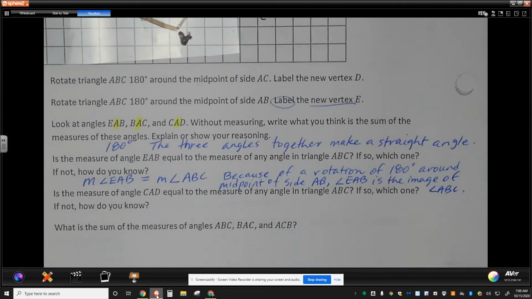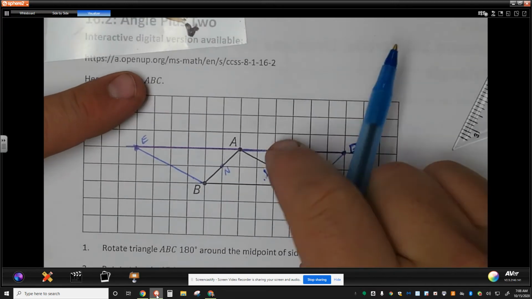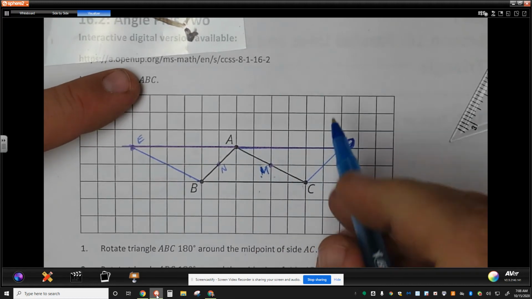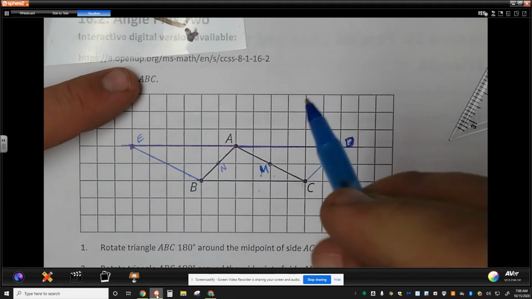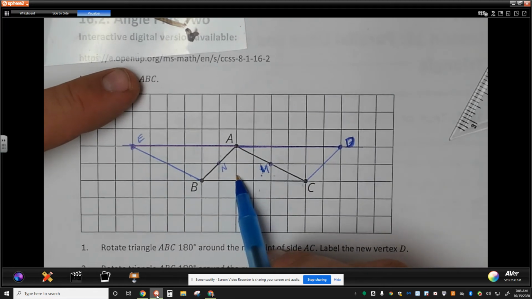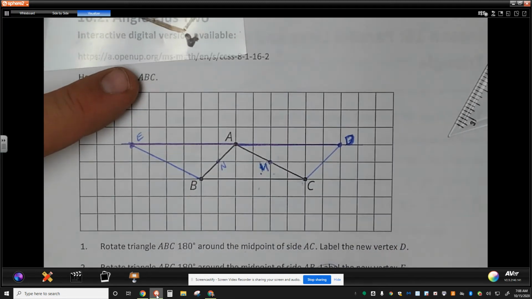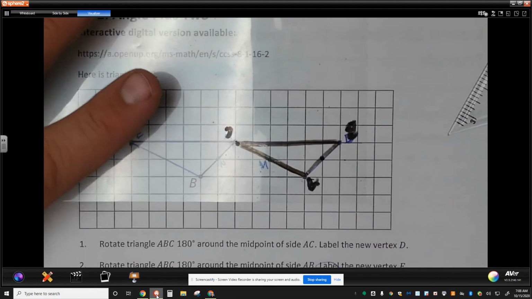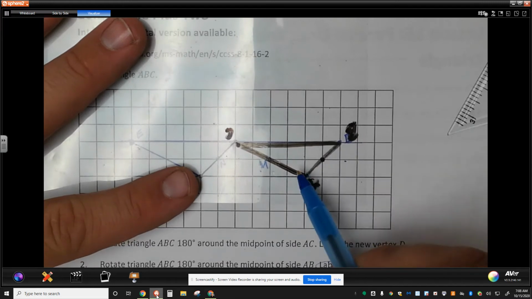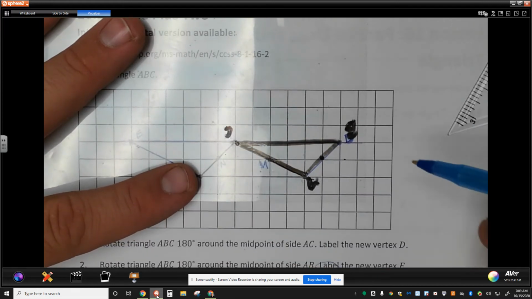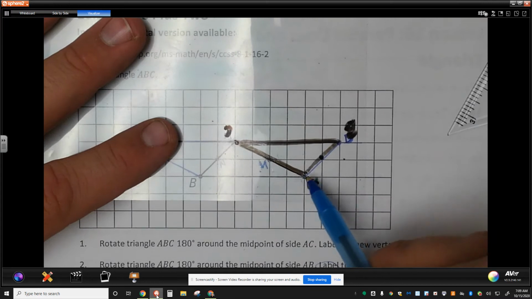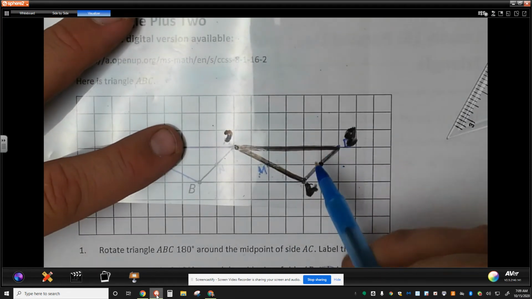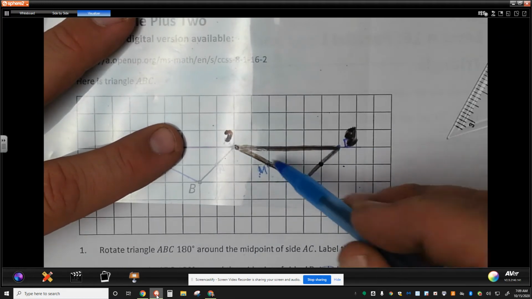Likewise, if we look into the other triangle here, we're asking about the measure of angle CAD, asking is there any angle that is equal to any measure here in this triangle. And again, we can use the same definition, that because of the rotation of 180 degrees around, in this case, side AC, we know that angle ACB, or this angle right here, is going to be equal to angle CAD.